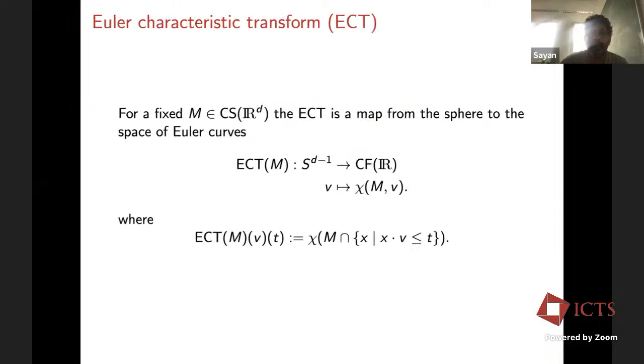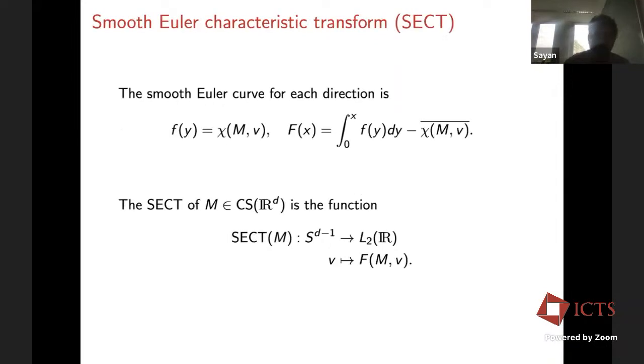Okay. So again, more formally, you can think of the Euler characteristic transform as you take a shape and it's a map from the directions on the sphere to these constructible functions, which are these Euler characteristic functions. What I have a little bit lower is ECT of M, where M is my shape, V is a direction, and T is the depth that I've gone to. Again, this is the same thing.